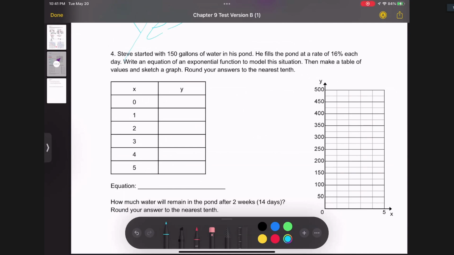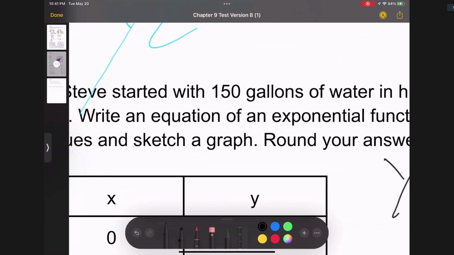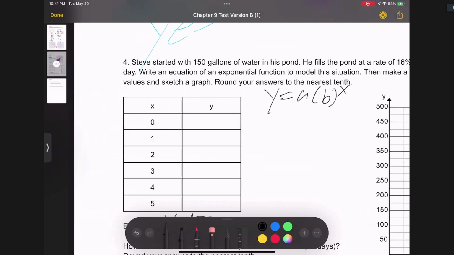Question number 4. We have an exponential scenario that's happening, and for this scenario we got 150 gallons. All exponential equations, please remember, is always going to be y is equal to a times b to the power of x. Y is equal to 150 because I know it's 150 because it even says started with 150 gallons.